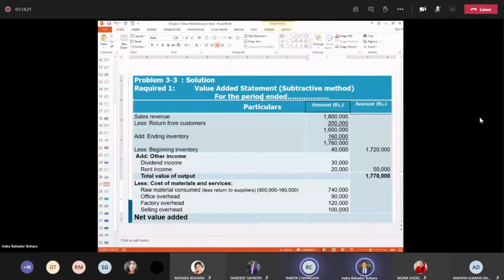Now you add, and the cost of material and services can be calculated. Subtract, and it is 7,20,000 value added.